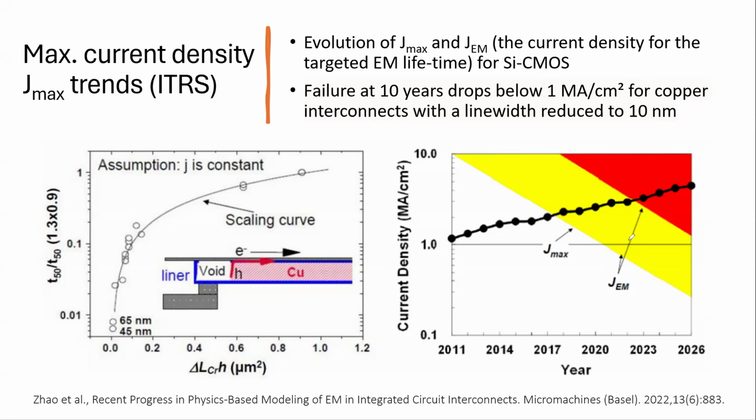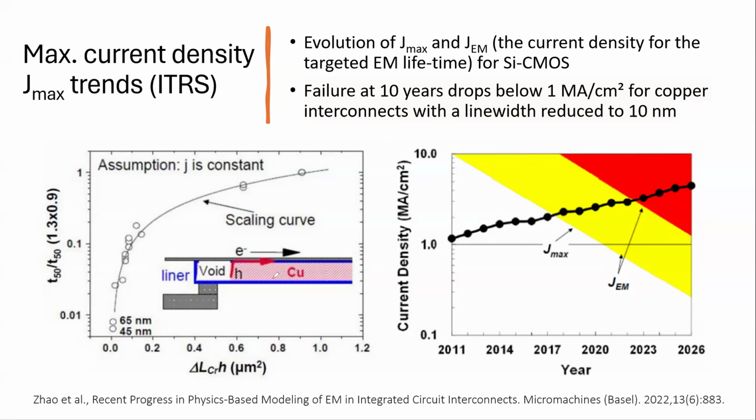Just keep that in mind. Earlier it was 10 in 2017, but in about 5 years, you drop down to 1 mega amp per centimeter squared, a tenfold reduction. So that's what the concern is.